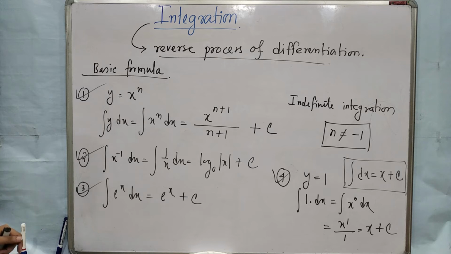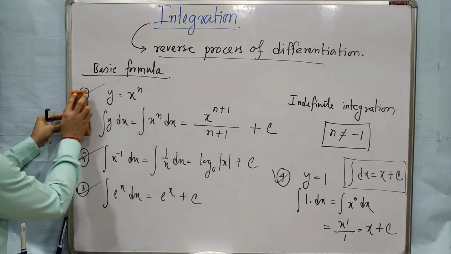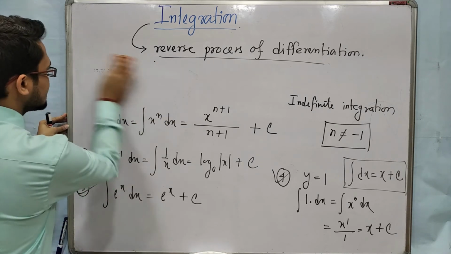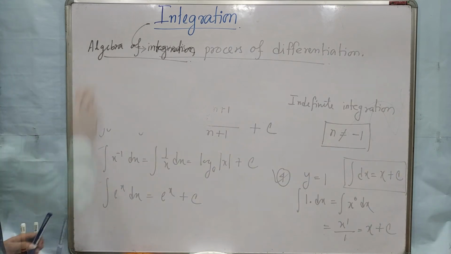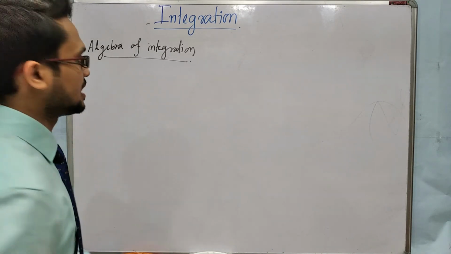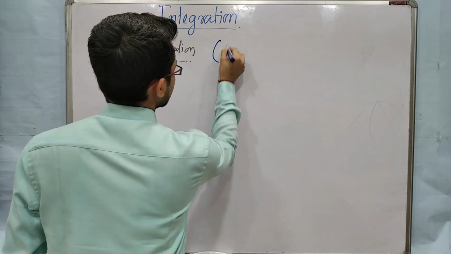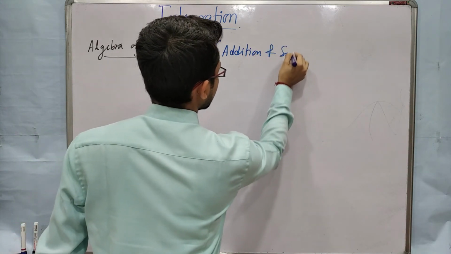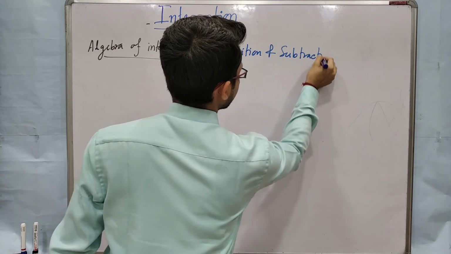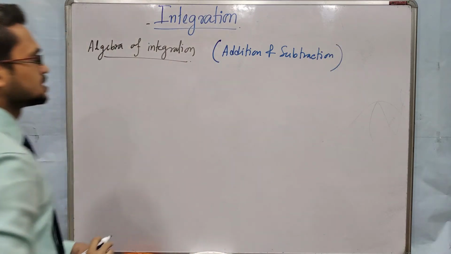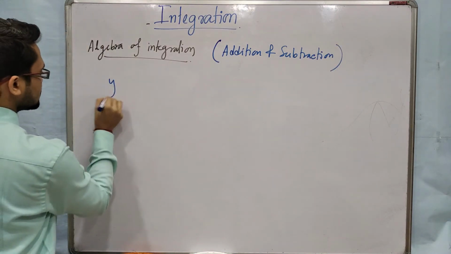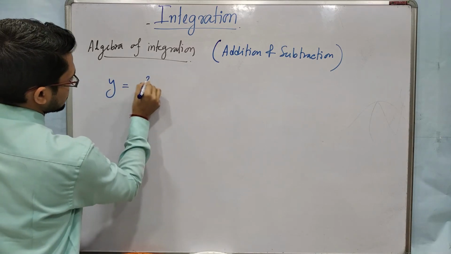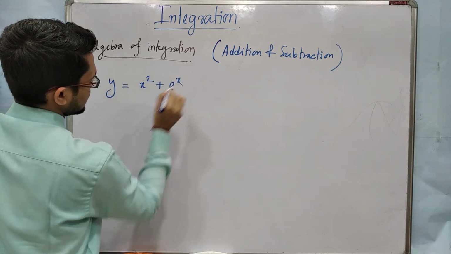Okay, so next we will see the algebra of integration. So I am erasing this part. In the algebra of integration, first we will see addition and subtraction. Suppose a function is given, suppose y equals x square plus e to the power x.